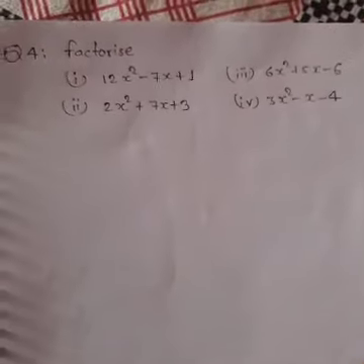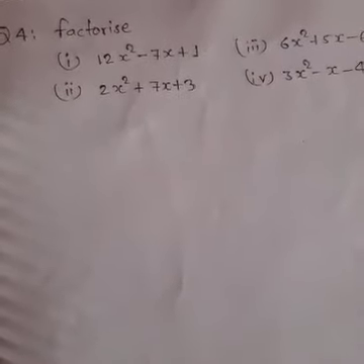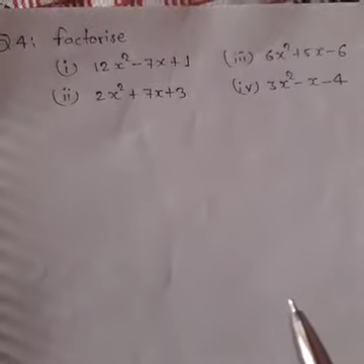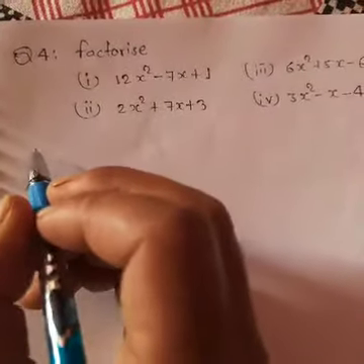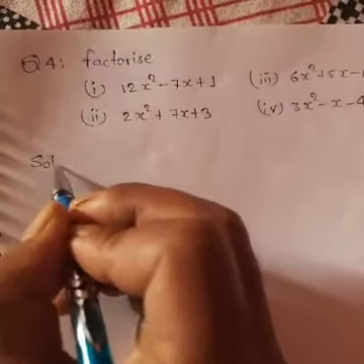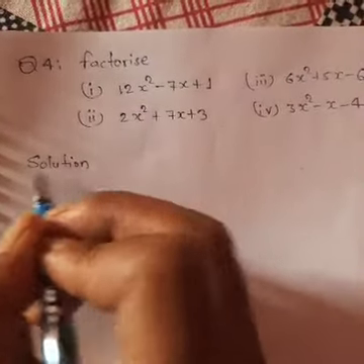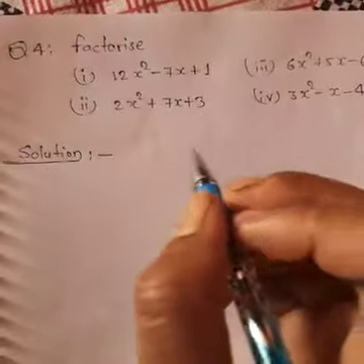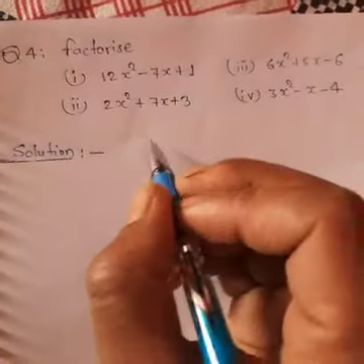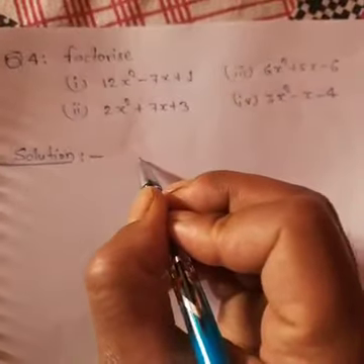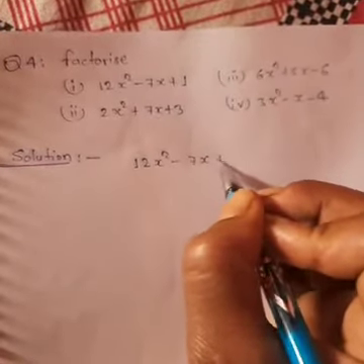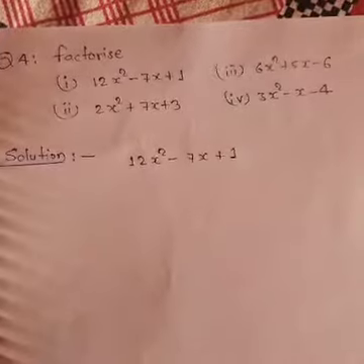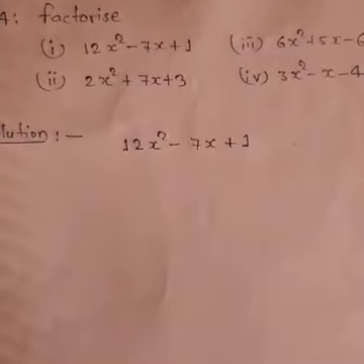Now students, we will learn factorizing quadratic polynomials. Whenever quadratic polynomials are given to us, how should we factorize them? You have already studied these questions in 8th standard. The first quadratic is 12x square minus 7x plus 1. The variable is x.